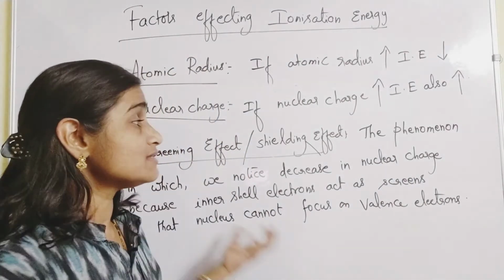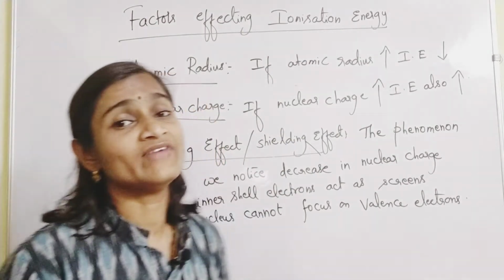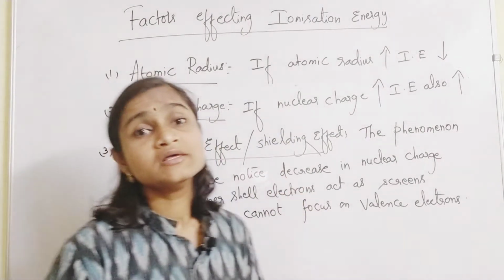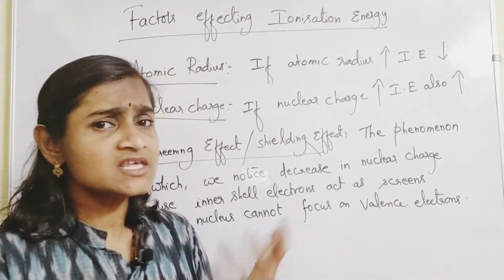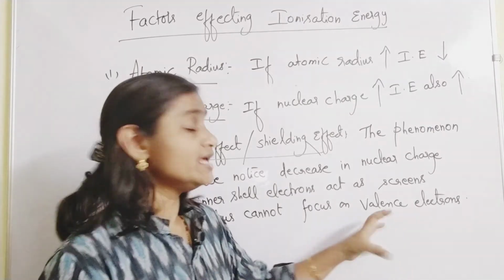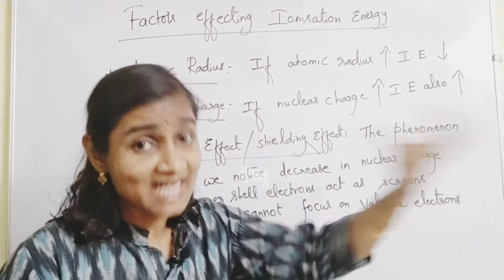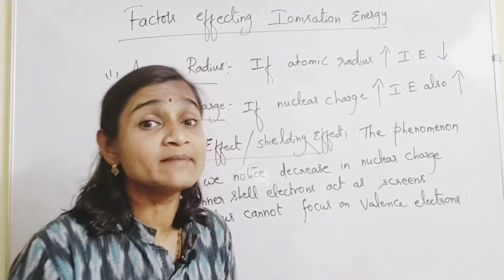Such a phenomenon you call screening effect or shielding effect. So if screening effect is more, objections are more, so automatically ionization energy decreases. Isn't it? Much energy you need not supply because the influence of the nucleus is not catching hold of that last orbit electron. Nicely that last orbit electron escapes out.